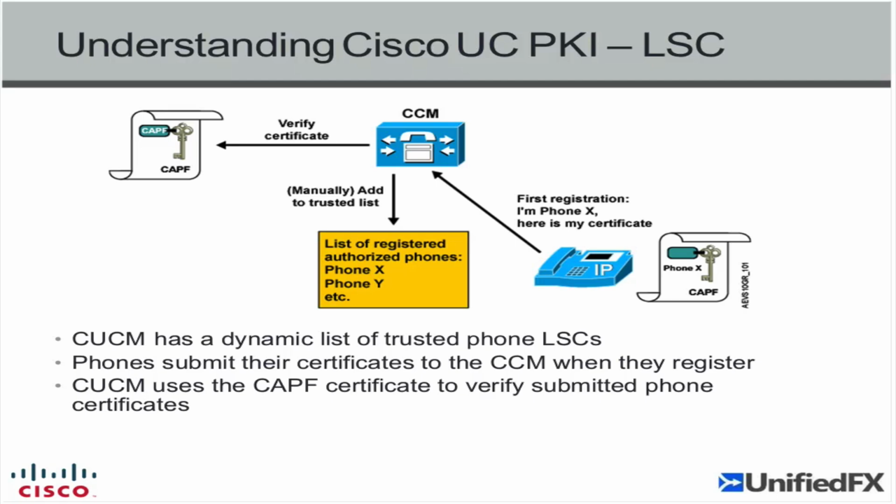So again, what happens in the background is, once the CAPF service is enabled and the CTL service is enabled on every member of the cluster, so CAPF is just on the publisher, CTL is on every member of the cluster, the e-tokens sign the certificates on all the members of the cluster. Consecutively, the IP phone with a secure profile exchanges certificates with Call Manager.